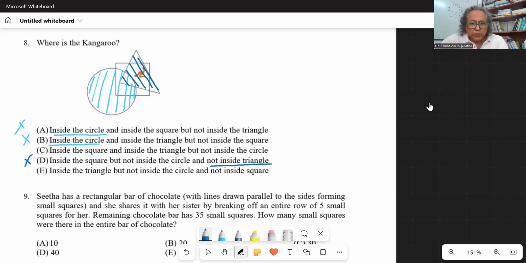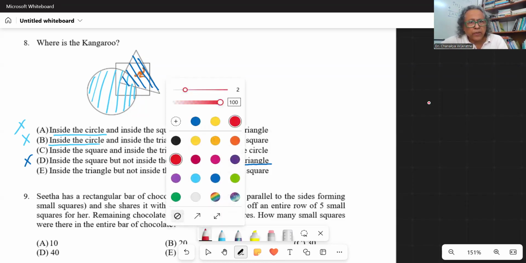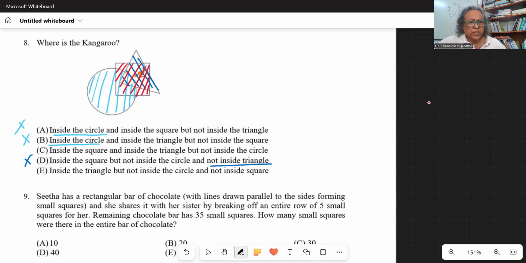We can paint the square in red, and you can see that the kangaroo also gets painted in red. So it is inside the square, inside the triangle, but not inside the circle. So the answer has to be C.